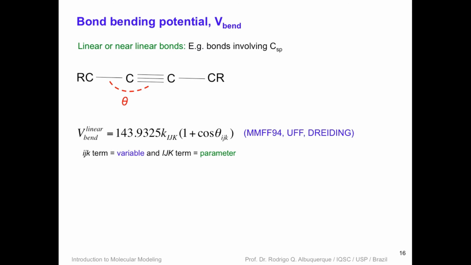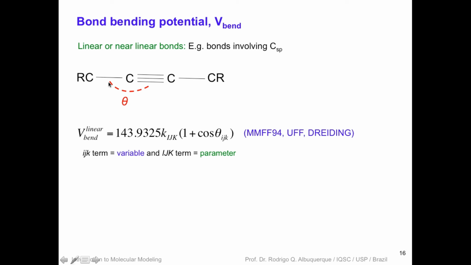Another term to calculate the potential energy of the system is the bond bending potential for linear or near linear bonds. For instance, bonds involving sp carbon, like these two here. In this case, this bond angle is very close to 180 degrees.